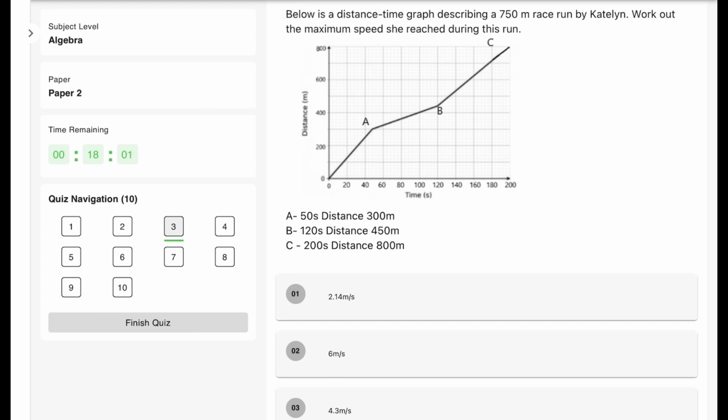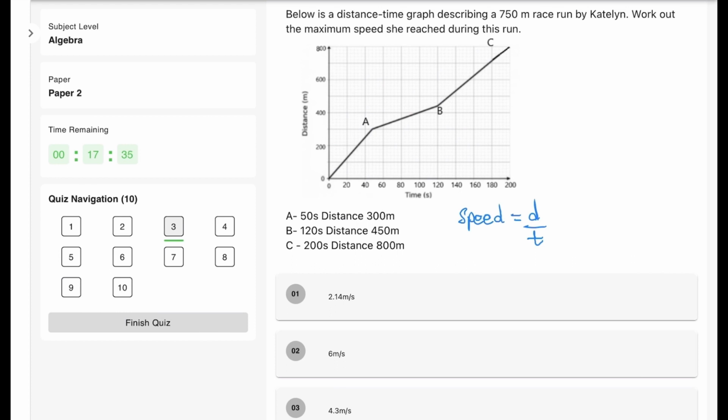So we could work out the speed for each of these, and then see which one was the maximum. The answer has been given as meters per second, so we just need to work it out. And remember, speed is equal to distance divided by time.